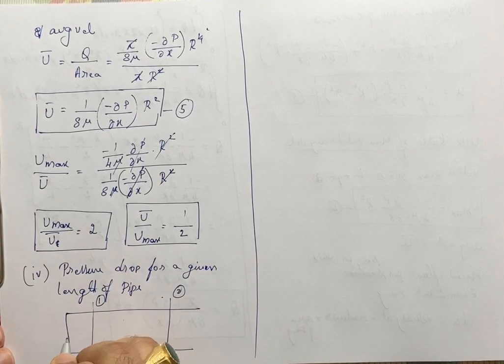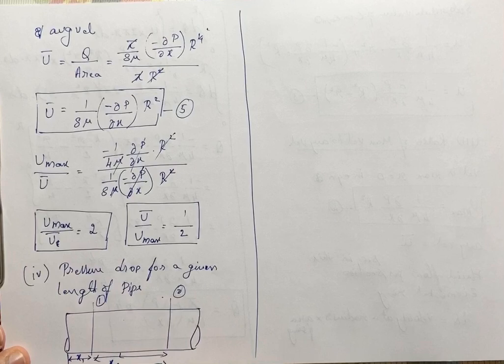This is the entrance point, this is the exit point. Let us take this distance as x1, and this length as L, and this total distance as x2. The first section we have taken as x1, the second section as x2 from the entrance, and the difference between those lengths is called L, right.